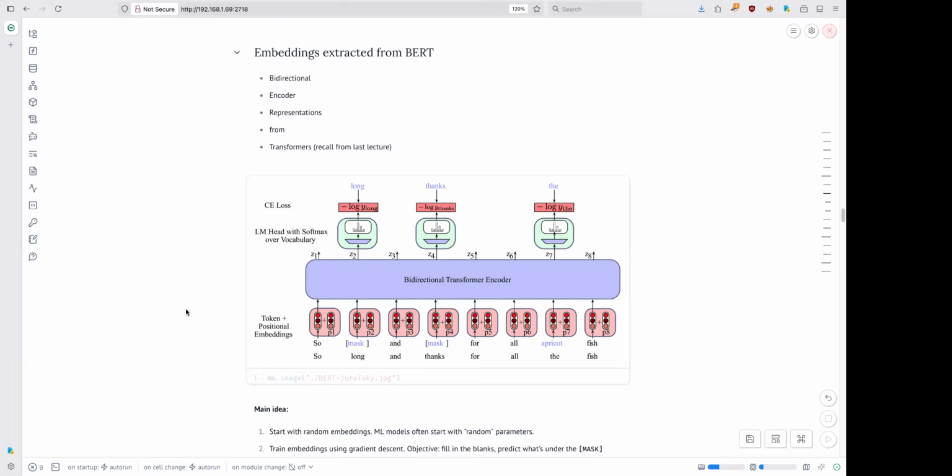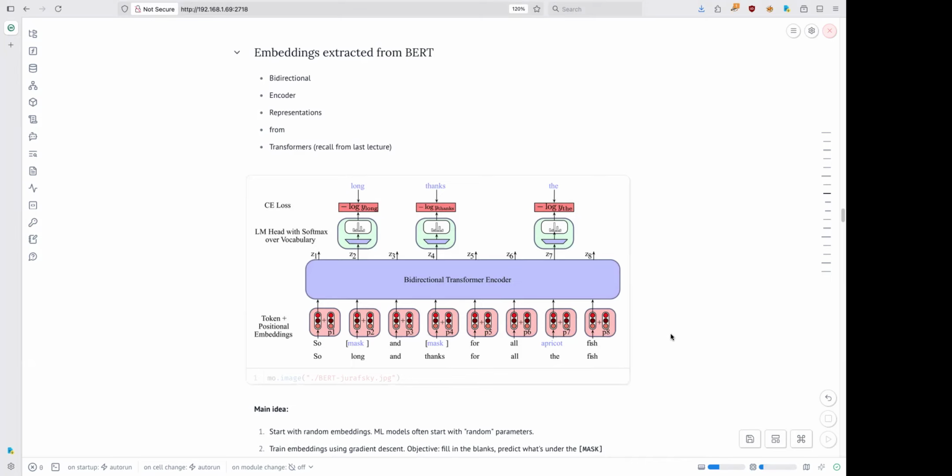So that was that. Now we return back to BERT. BERT is a kind of neural network which is based on transformers, which were discussed in the previous lecture. Here we only look at the basics. The training objective for BERT is to fill in the blanks. We put in some kind of sentence like, so long and thanks for all the fish.